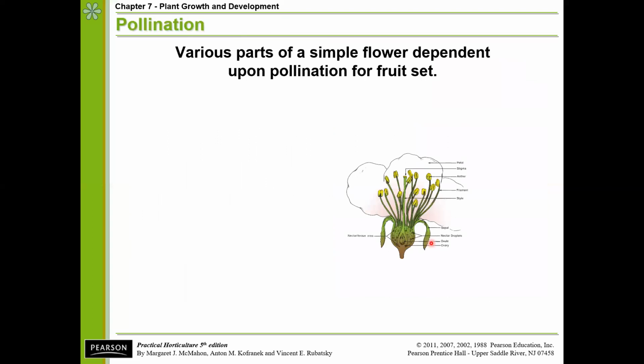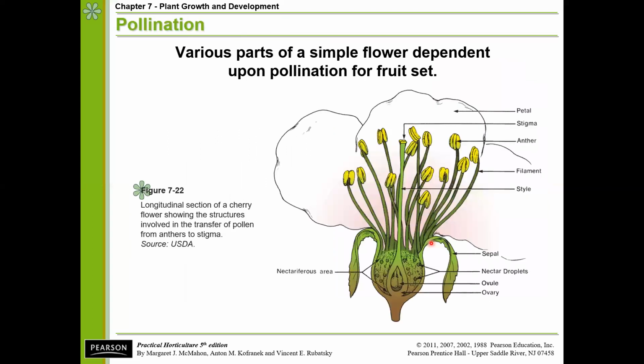Here's an image of just a simple flower. Again, all those flower parts have to be there in order to make fertilization work. They don't necessarily have to be on the same flower. This is a perfect flower here because it's got both male and female parts. There's the female part, the pistil, stigma, and the ovules themselves.